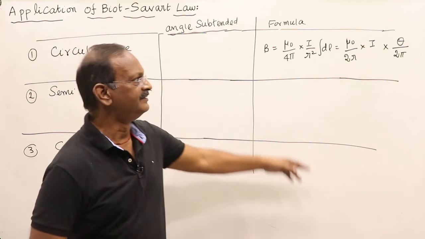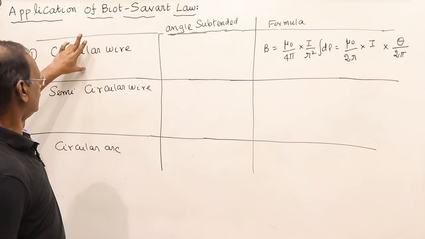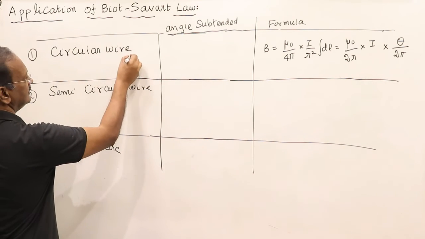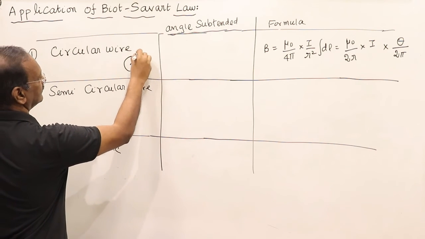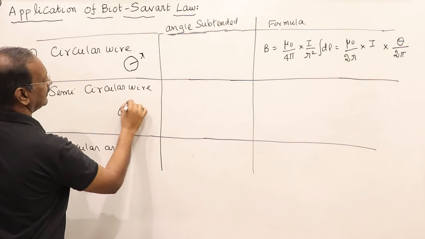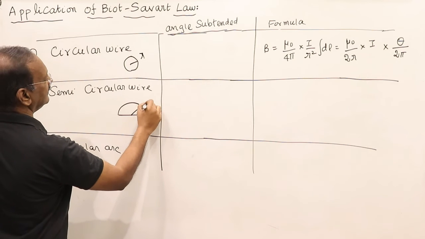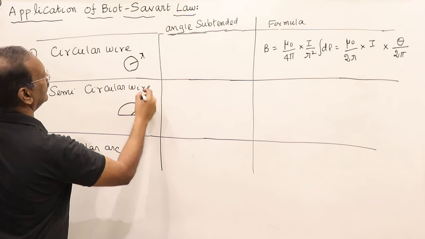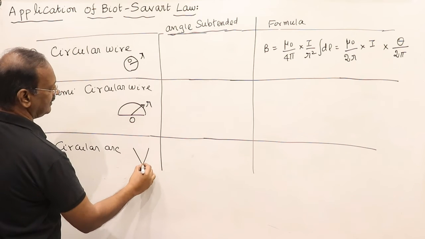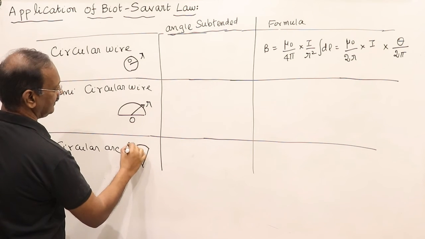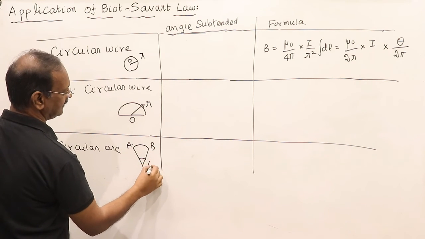For easy remembrance, consider a circular wire, a semicircular wire, or an arc with radius R, center O, and a segment AB making an angle theta.